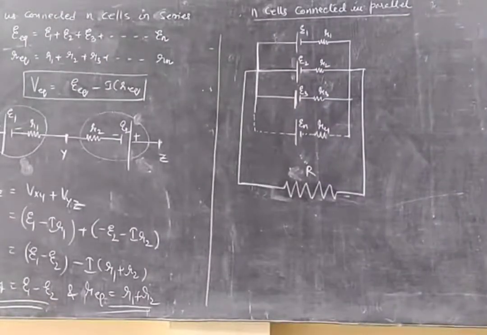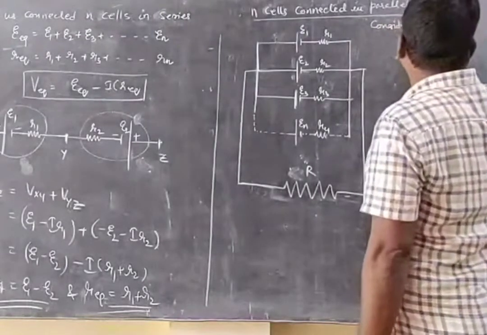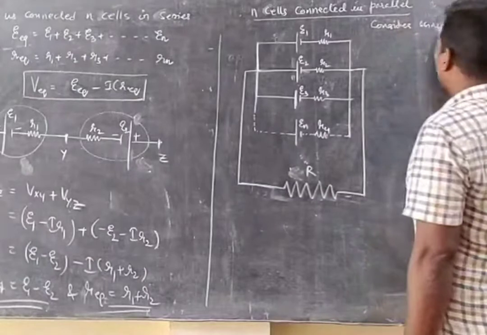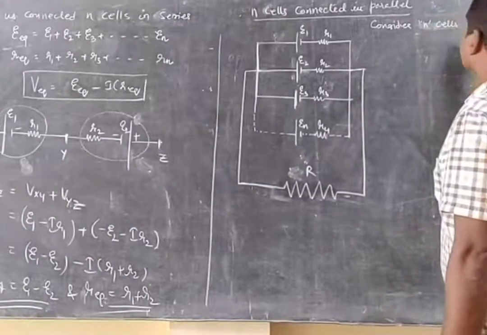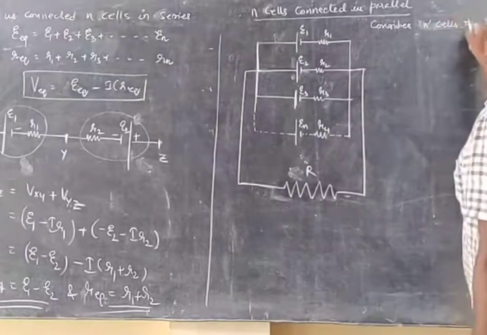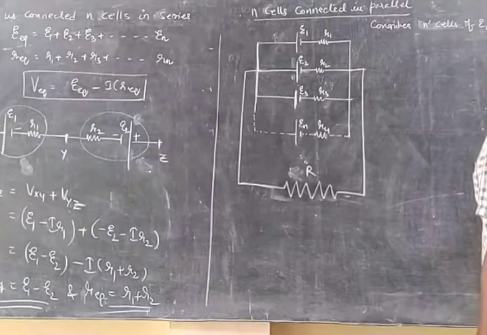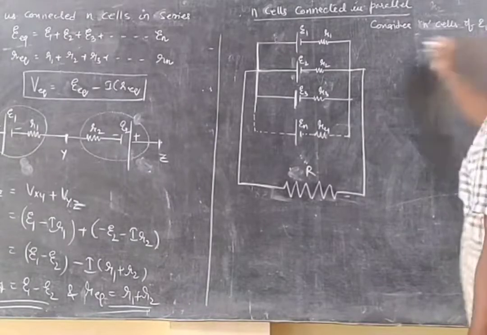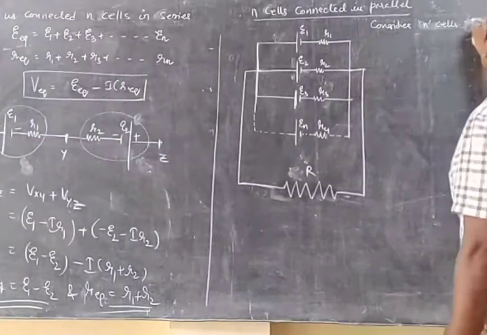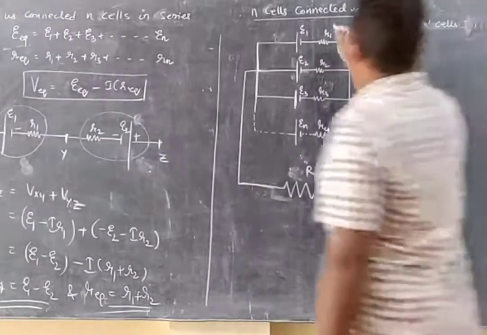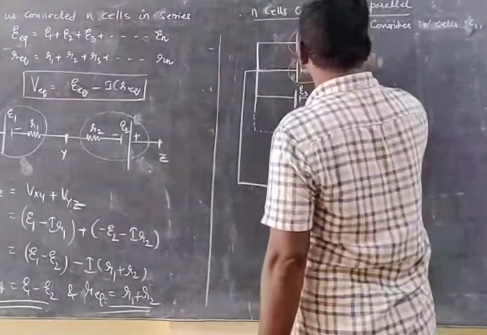Children, consider N cells of EMFs E1, E2, E3, and so on, En. The N cells are C1, C2. This is cell C1. This is another cell C2.